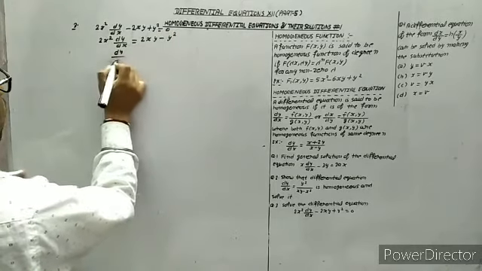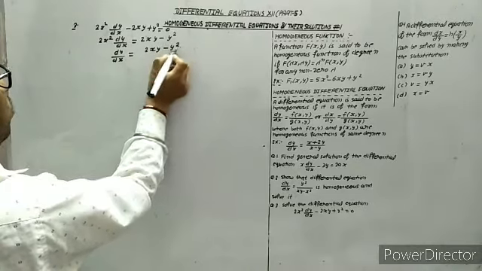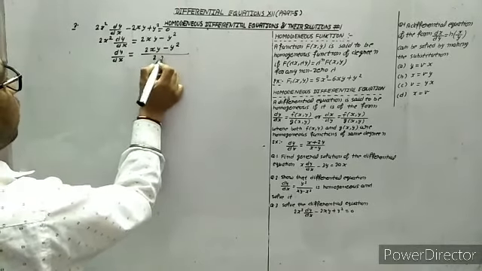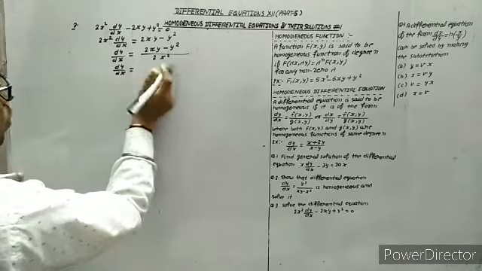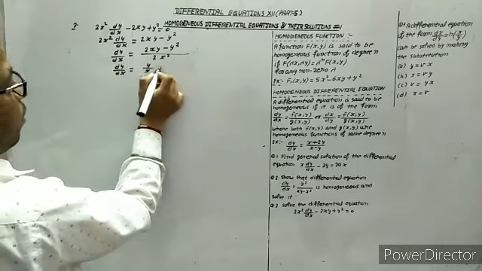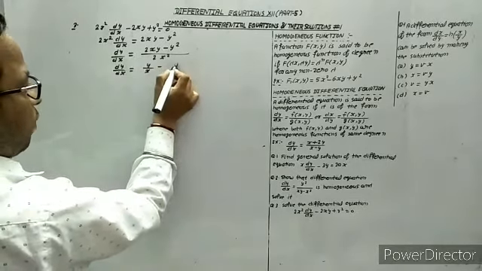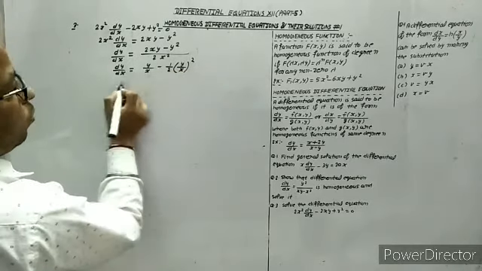It means dy by dx is equal to (2xy minus y²) upon 2x². Now make it separate. It means this becomes y upon x minus (y upon x) whole square, and this is times 1 upon 2.